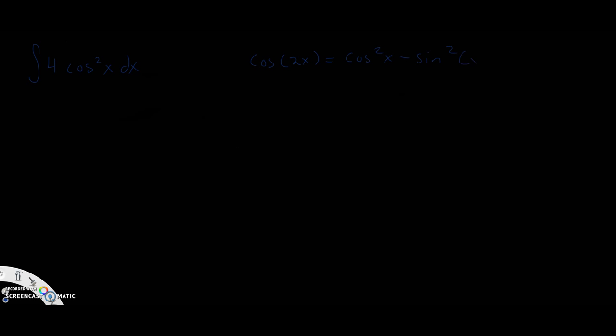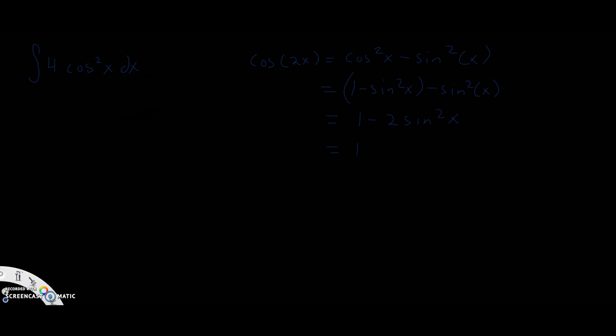It's one of those identities that you don't really use. The same thing is going to be equal to 1 minus sine squared x minus sine squared x, because that's the same thing as cosine squared. Sine squared plus cosine squared equals 1, so you could write that down. The same thing is going to be equal to 1 minus 2 sine squared x.